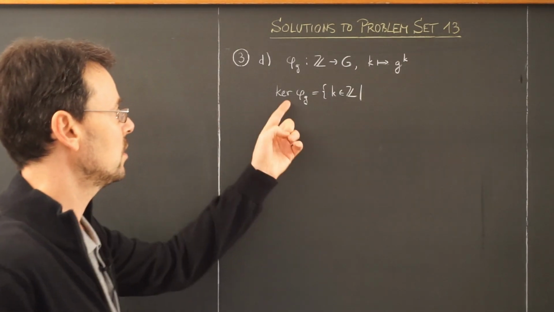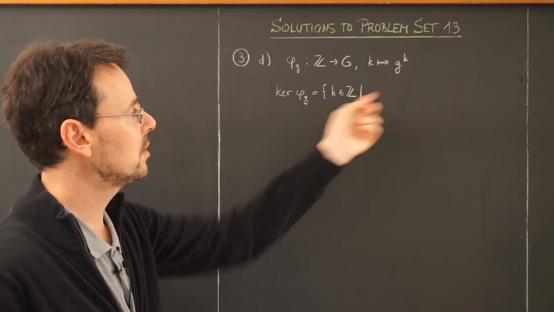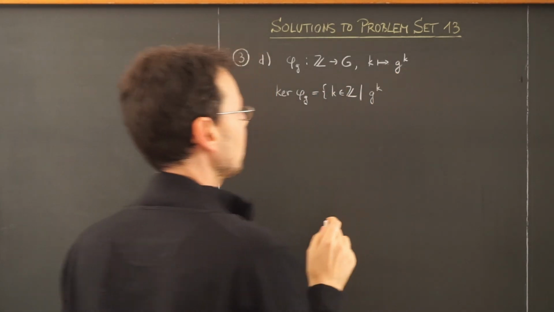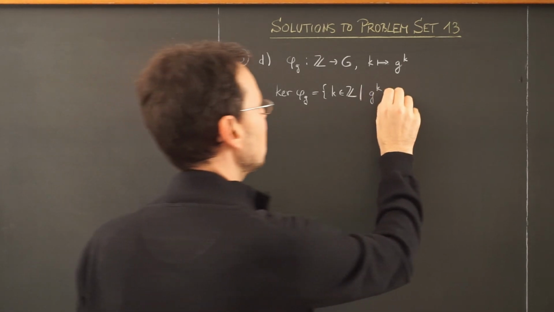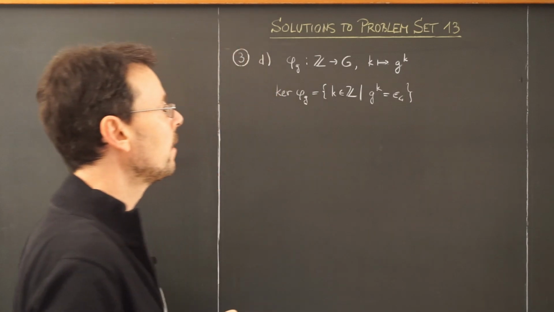So by definition, the kernel consists of all integers that get mapped to the identity. So phi of k is g to the k. This must be the identity.